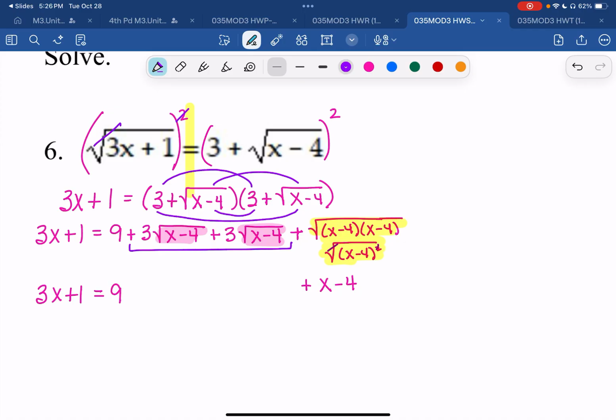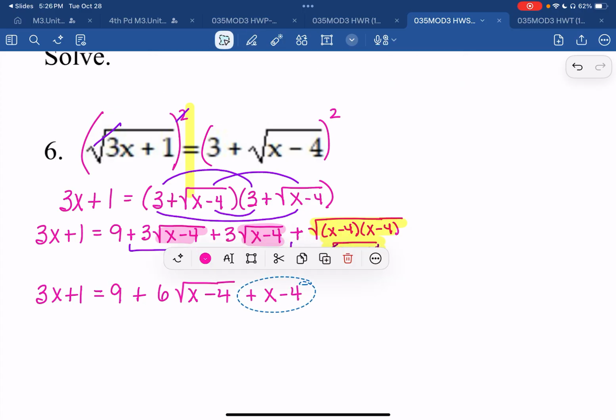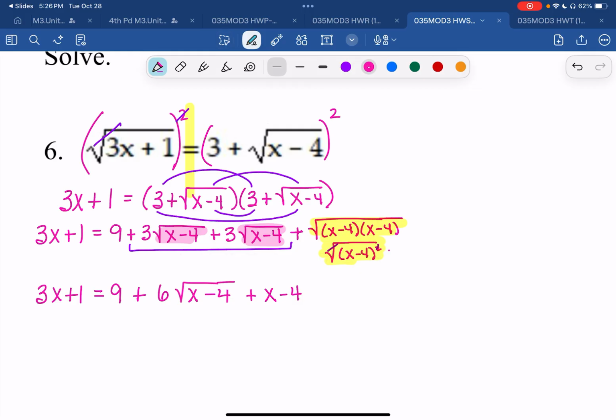I got 3 plus 3, so that's plus 6 square root of x minus 4. Oh, that is messy. Let me redo that. And I'm going to move these over a little bit closer. So let me write that here so you'll have it for your notes. So that just equals x minus 4.